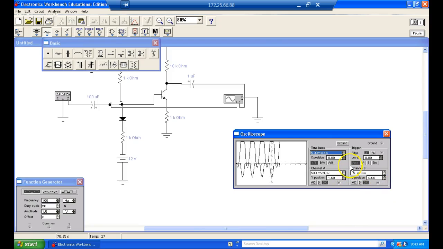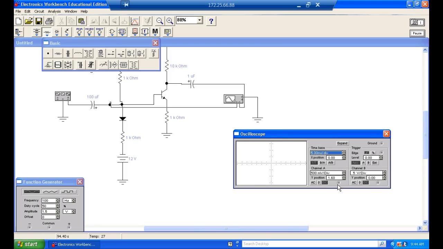Y'all see an invert on here? Normally on a regular scope, we have the ability to invert the channels, so that way I can put them on top of each other and you can see they're mirror images of each other. The problem we have is that it's a common emitter and they're 180 degrees out of phase. So this is a Class B.